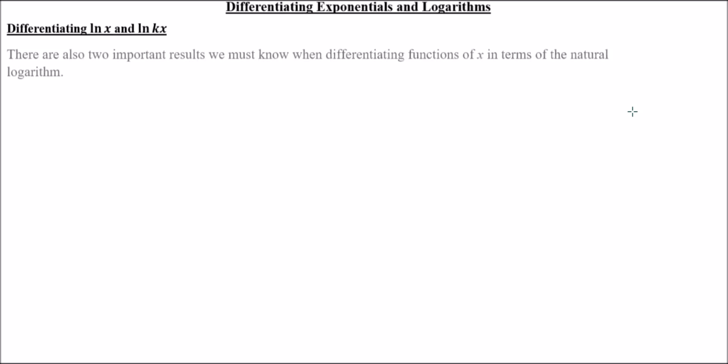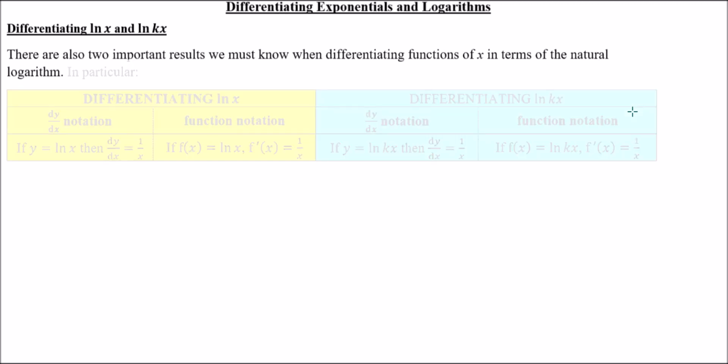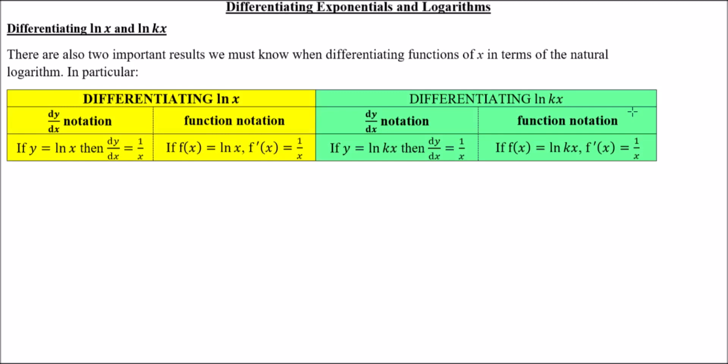Differentiating the natural log of x and the natural log of kx: there are also another two important results we must know when differentiating functions of x in terms of the natural logarithm. In particular, if y is ln of x, then dy by dx is 1 over x. Or in function notation, if f(x) is ln kx, f'(x) is 1 over x.